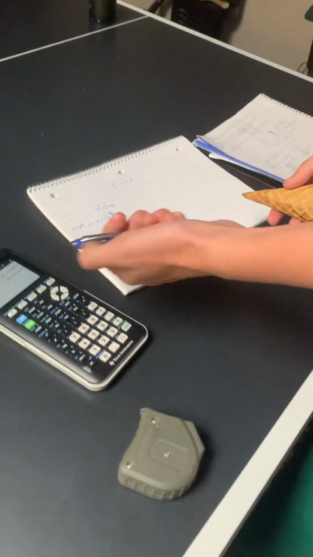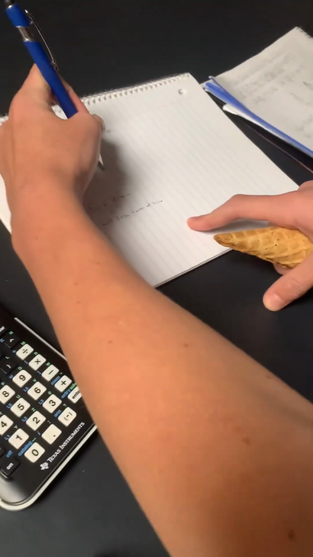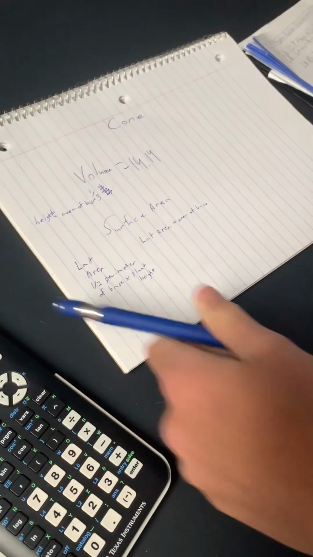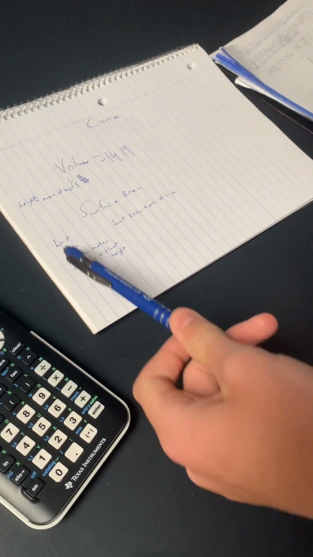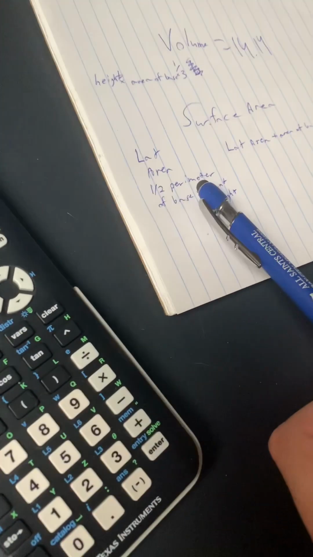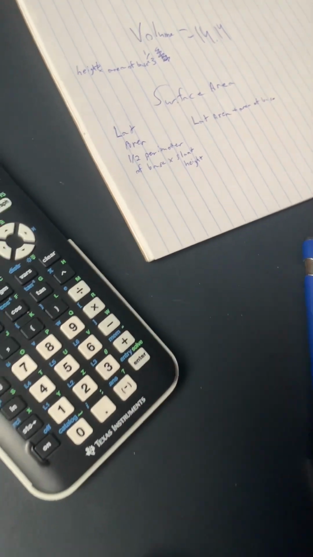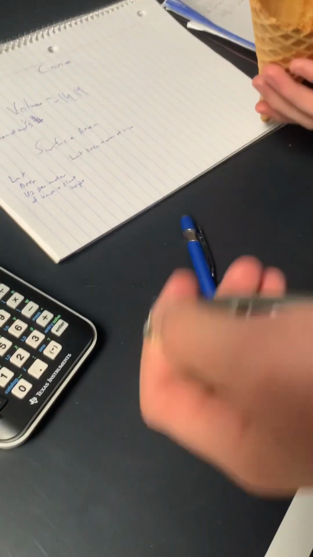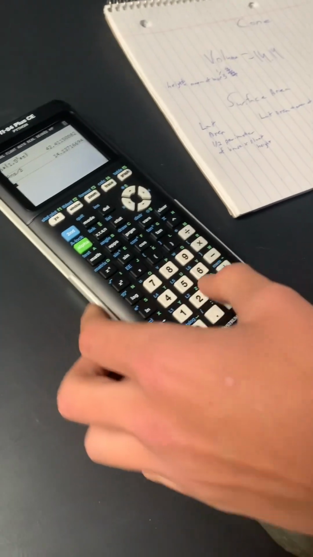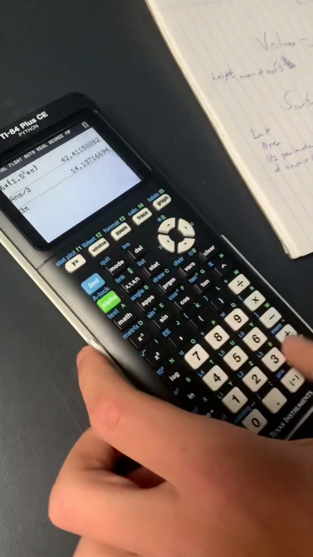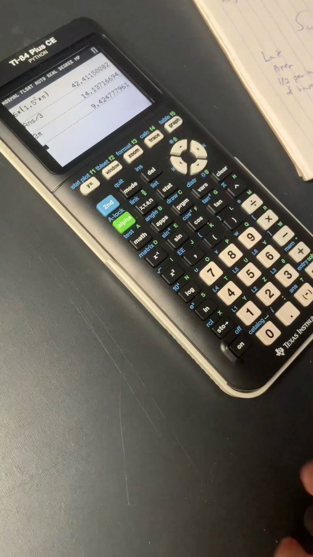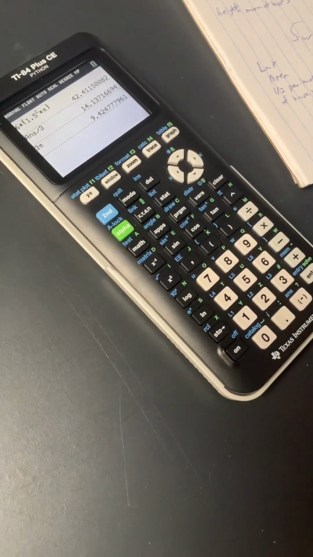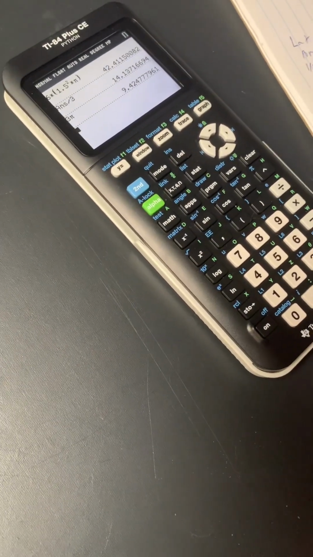Now I want to find the surface area. To find the surface area, you need to find the lateral area first, which is 1/2 the perimeter of the base times the slant height. To find the perimeter of the base, it's the circumference, pi times diameter. We already found the diameter is 3, so 3 pi is 9.424.